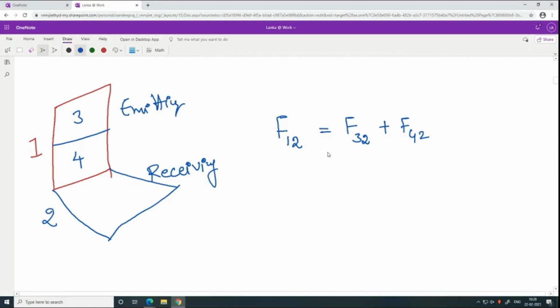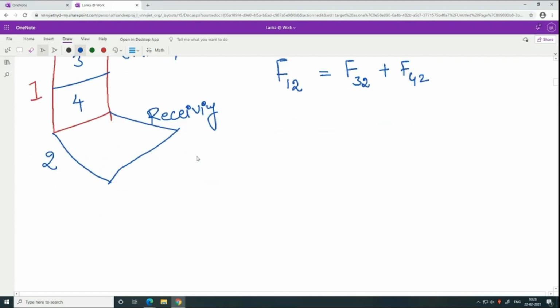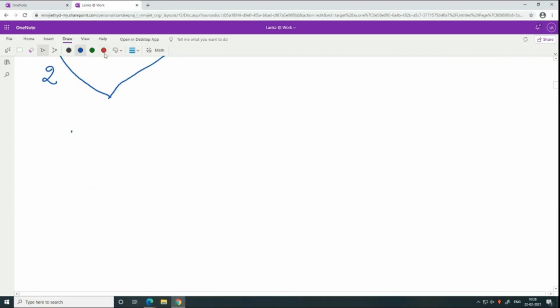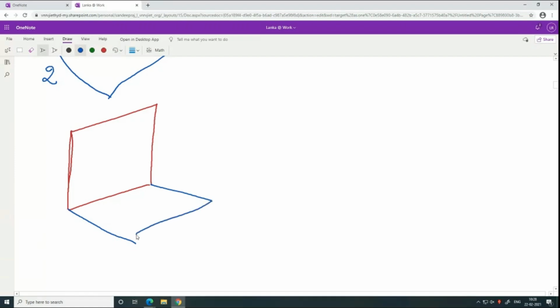Now, if I take the other case here, let me call this body 1, this body 2, and this I am dividing into 5 and 6.